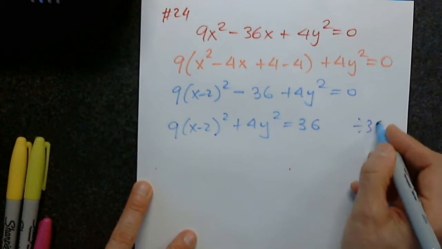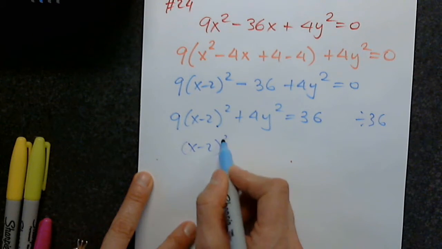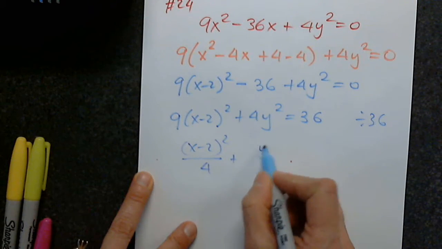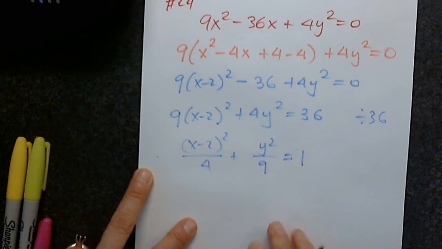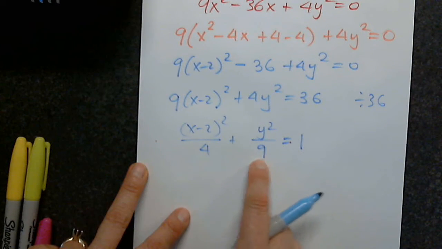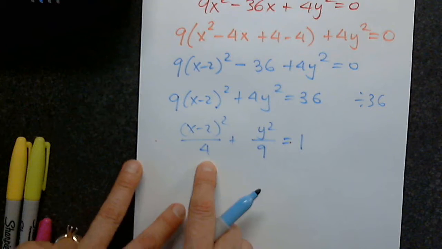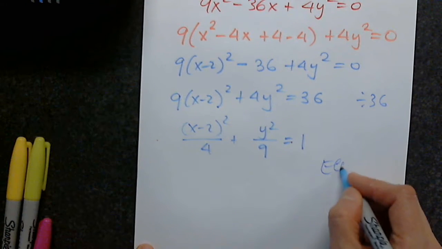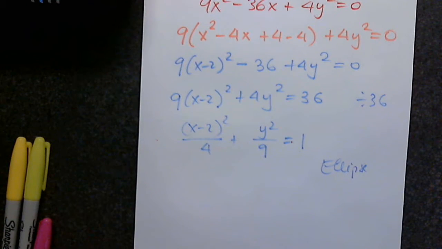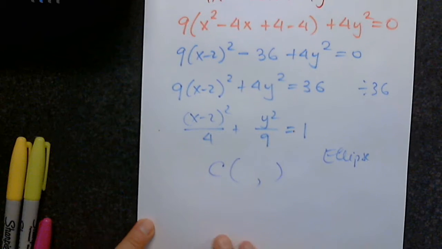So I have x minus 2 squared over 4 plus y squared over 9 equals 1. This number is larger than this number, which means the ellipse will have its major axis on the y-axis, and the center would be 2, 0.